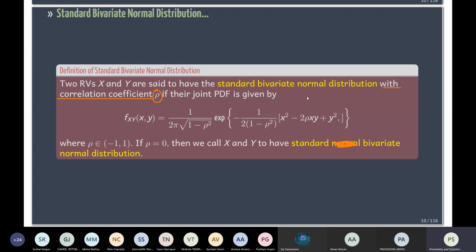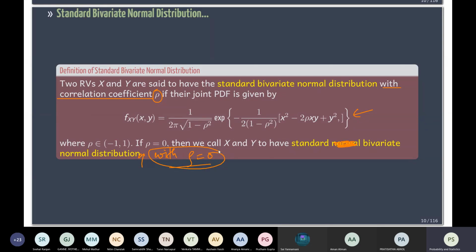Another way to say it is with correlation 0. You can append this additional term, and that's fine, because if the correlation is equal to 0, we know what it means. It's a subtle thing: when the correlation is non-zero, we say standard bivariate normal with whatever value the correlation has, and if the correlation is 0, we don't even indicate that in words.